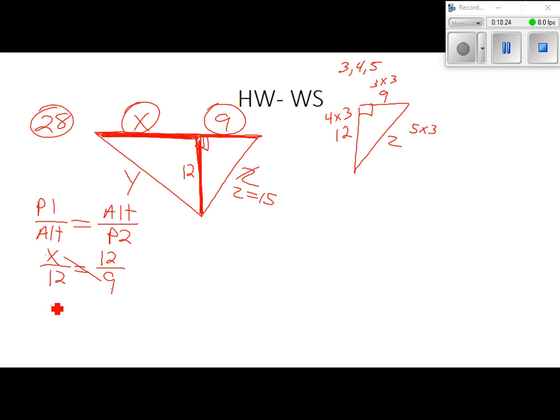We cross multiply, 9 times X gives you what? 12 times 12. And then what's the last step? Divide both sides by 9. What's X equal? 16.